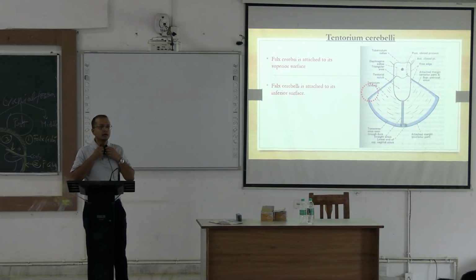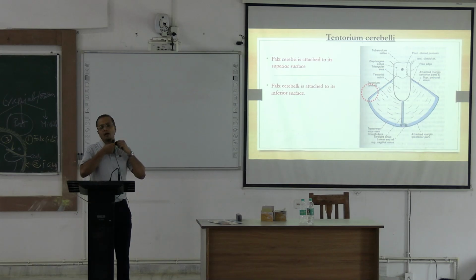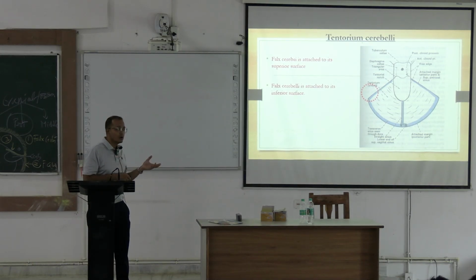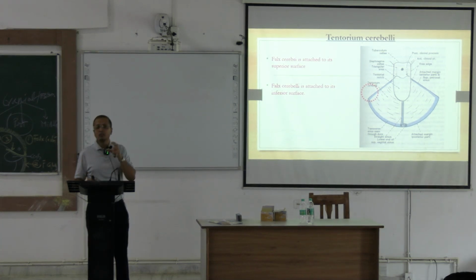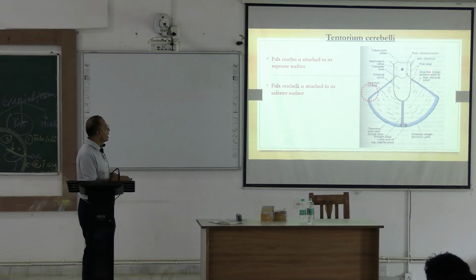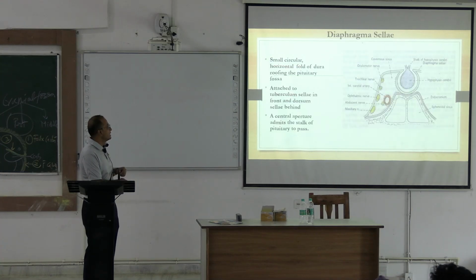That sella turcica holds an important neuroglandular structure. We call it the pituitary gland. So that pituitary gland is placed within the sella turcica. Now surrounding the margins of it, we have a fold of the meninges attached to it. We call it diaphragma sellae.